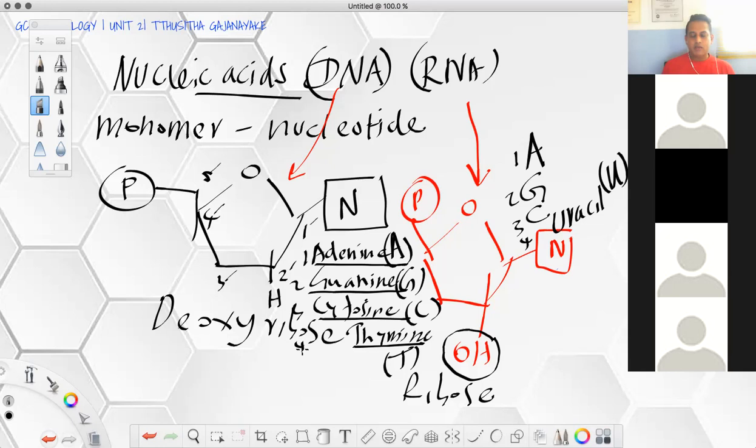RNA also has 4 different nucleotides. But these nucleotides have only a small difference. Thymine is in DNA molecule, uracil is in RNA molecule.